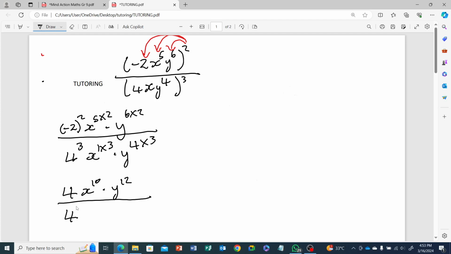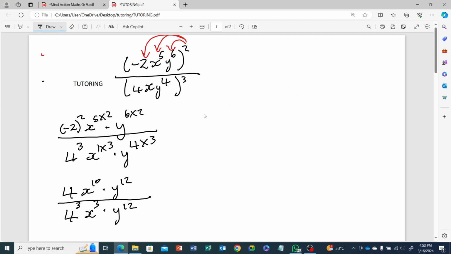We want common bases. So in the numerator we have a 4, and we keep this one as a 4 cubed so that we can deal with exponents. Alternatively, you could have changed this 4 into a 2, but it's fine like this. It's not a problem. Then we have x cubed times y to the 12. All right? 4 times 3 is 12.